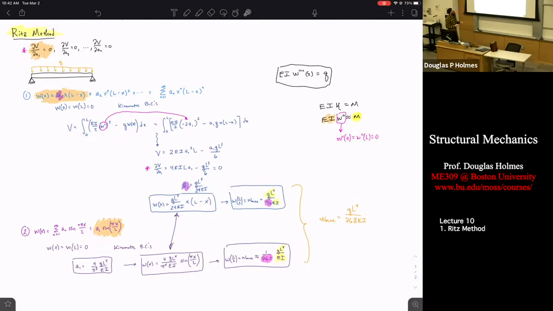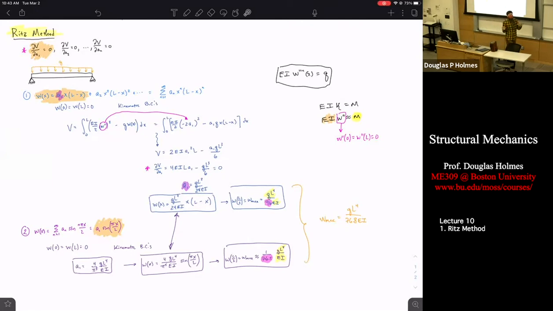So the takeaway I want you to have from this is that if your guess matches all the boundary conditions, your approximate solution will converge to the exact solution if you keep a lot of terms. If your guess doesn't match all the boundary conditions, you'll come close, but you're not guaranteed to converge on the right answer.